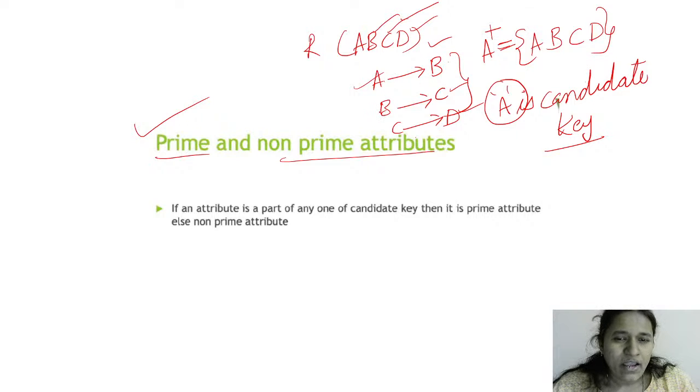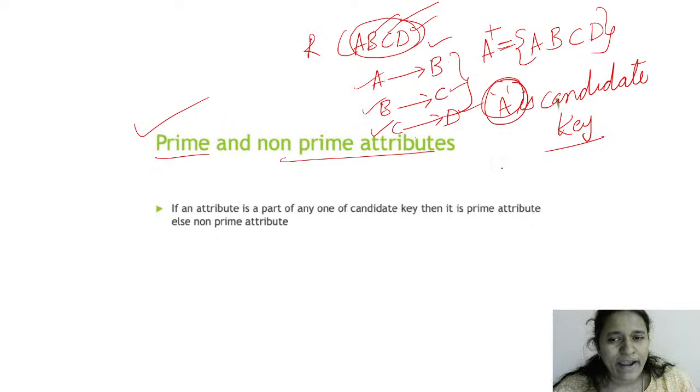In the second functional dependency also, A is not present on the right hand side. In the third also, A is not there. That means only A is the candidate key in this relation. Except A, we cannot get all the attributes of the relation from any other attribute.